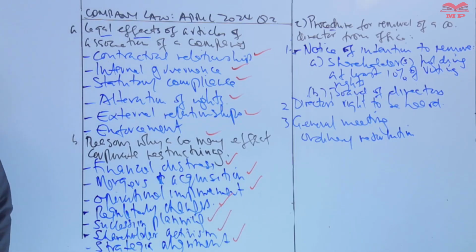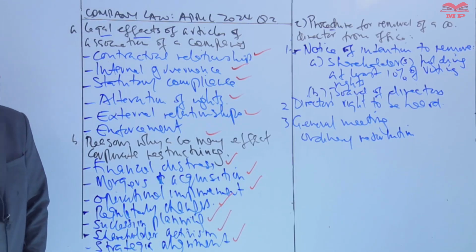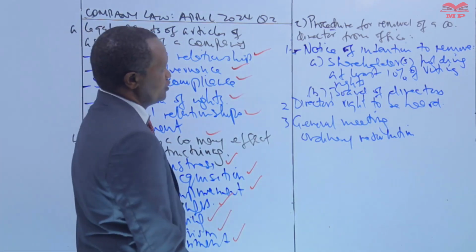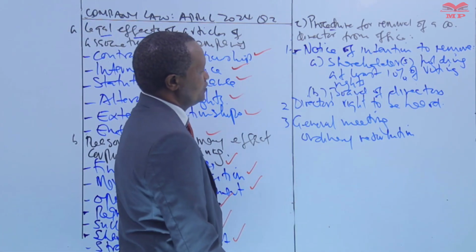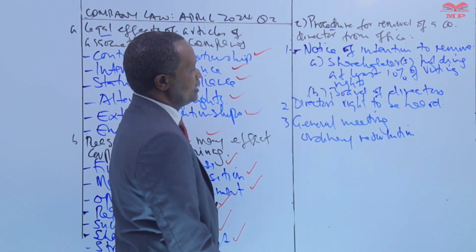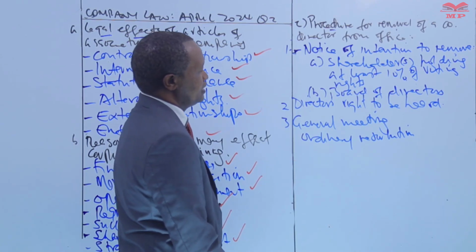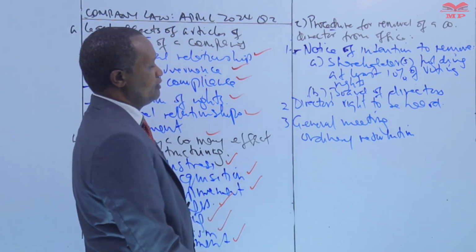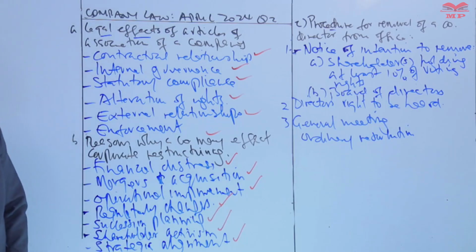After the company receives the notice of intention from the shareholders or board of directors, and after the director has been granted his right to be heard or to make his written representation, then a general meeting is called where an ordinary resolution is passed to remove the director.